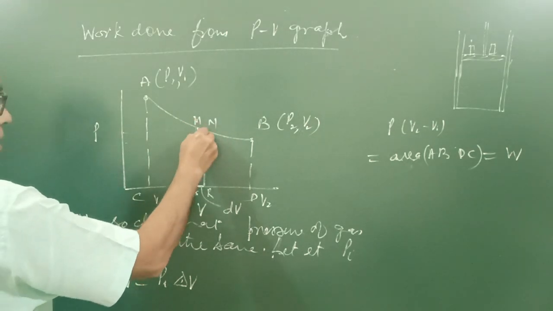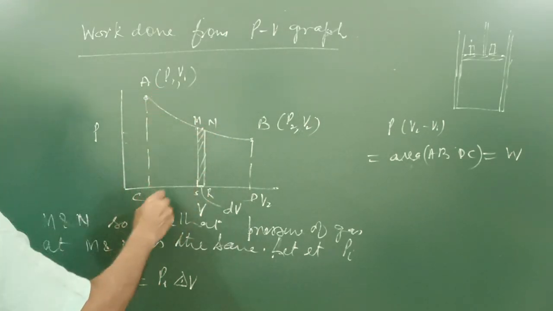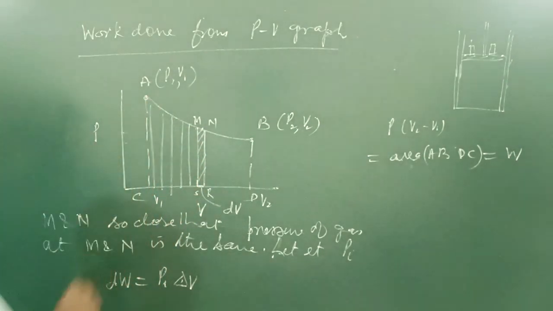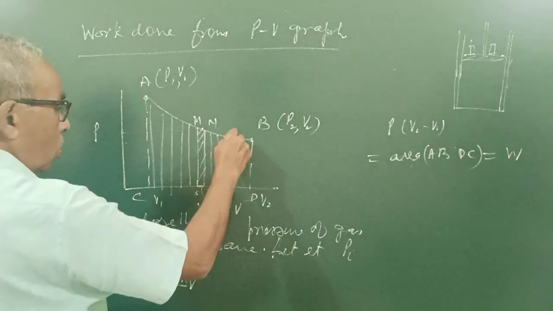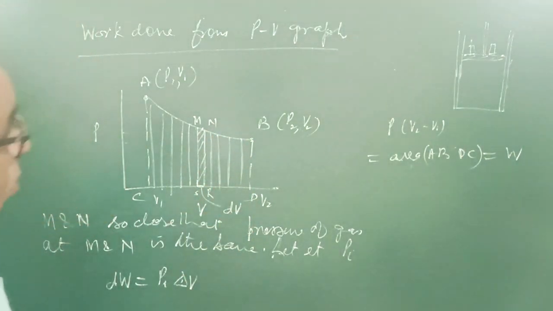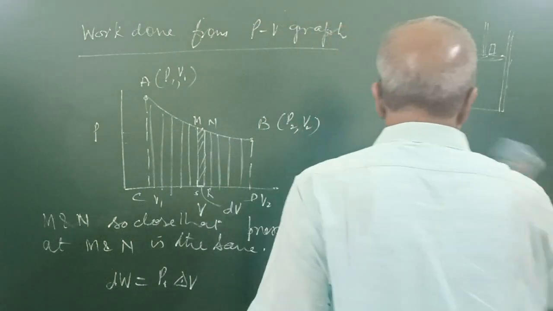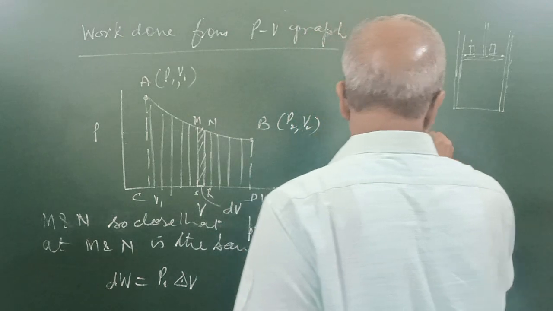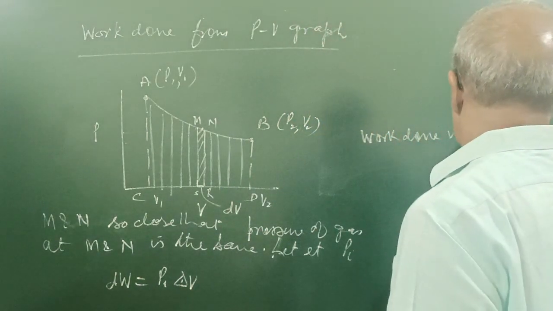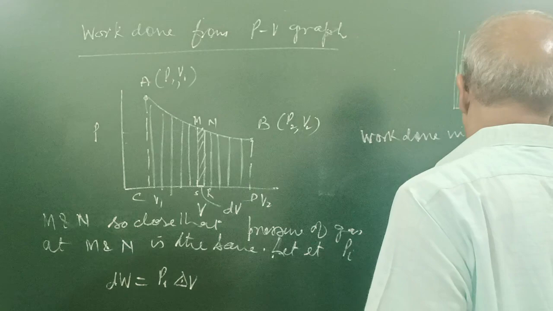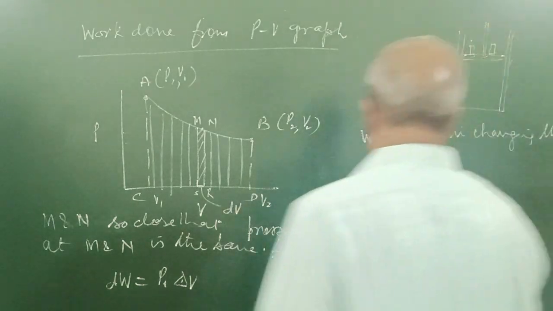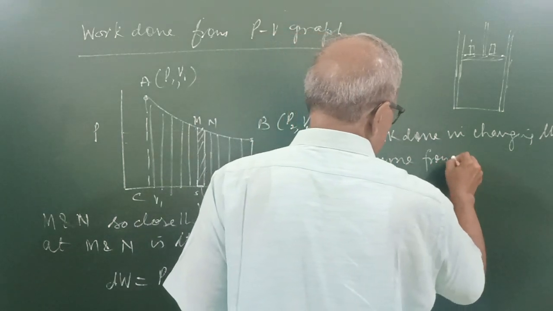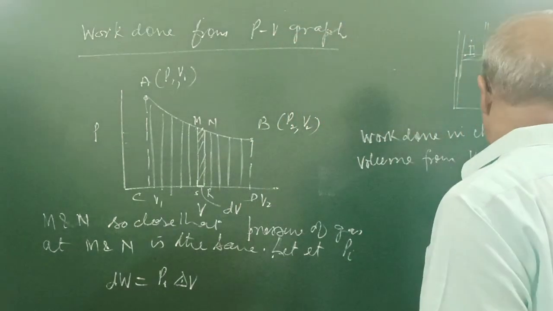And that way, if we want to find the area of the whole graph, we divide it into strips and calculate the area of all of them this way, and it comes out equal to the work done in changing the volume from V1 to V2.